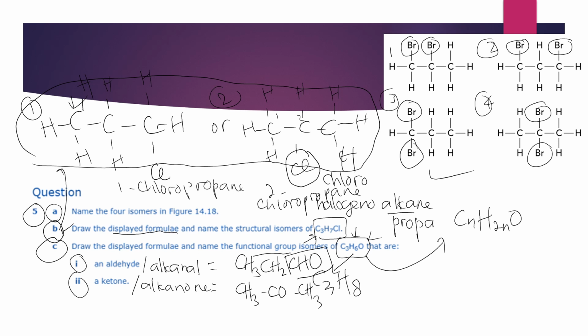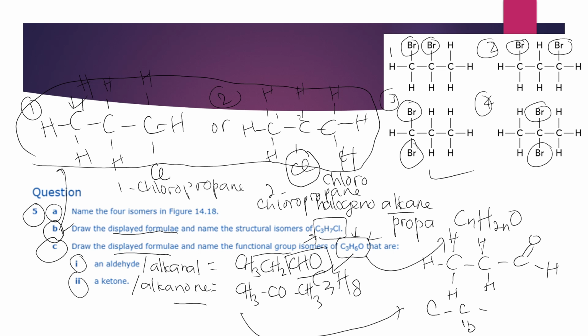But the question asks for the displayed formula, so you just open out the hydrogens. Double bond O, H, here with 2H, here with 3H. For the ketone, C double bond O, C. Here with 3 hydrogen atoms, here with 3 hydrogen atoms.